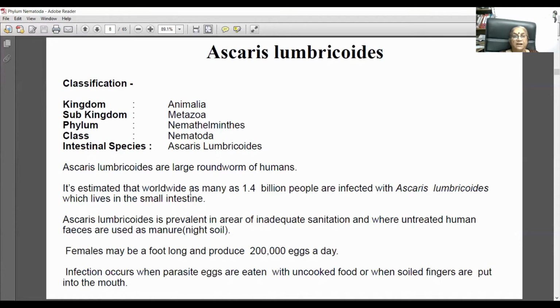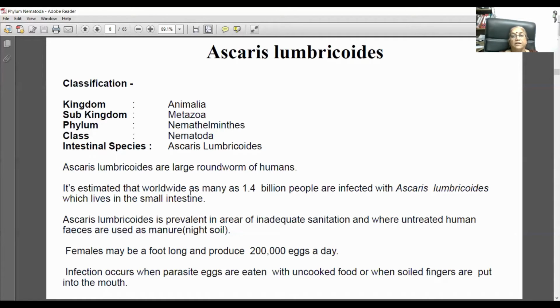So you can understand how this infection can spread, because 2 lakh eggs per day is not a small matter. So spreading of infection becomes very, very vulnerable.